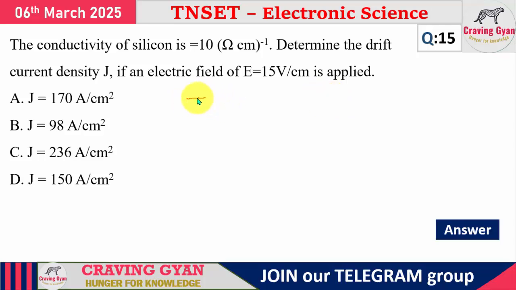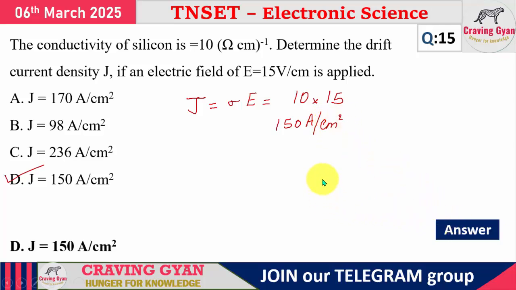The drift current density is given by J equals sigma E. The conductivity is 10 per ohm per centimeter, into the electric field of 15 volt per centimeter. So volt divided by ohm equals amperes, which is equal to 150 amperes per centimeter square. The corresponding option is option D is correct.